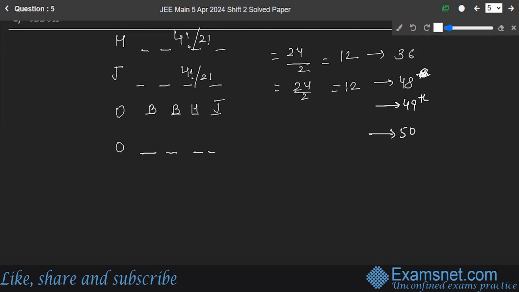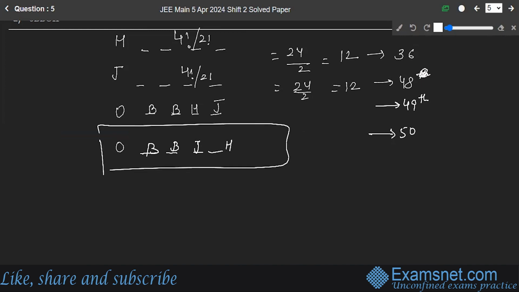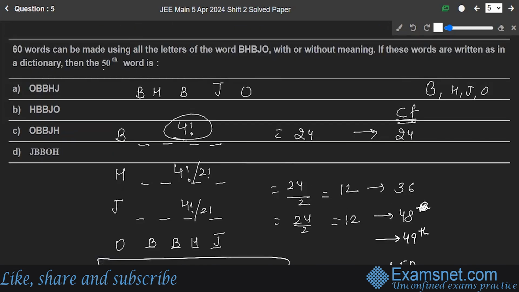It will be O, B, B, now J, H. So this will be your 50th one. Hope you got that. And you have the option OBBJH. Option C is the right answer to the question.